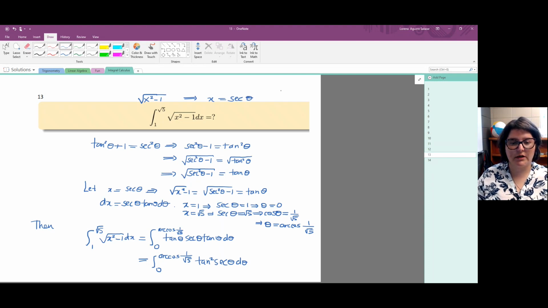That substitution is particularly helpful. And once we use that substitution, we get what we were given written in terms of trigonometric functions. So once we apply the trigonometric substitution, then we get a trigonometric integral.